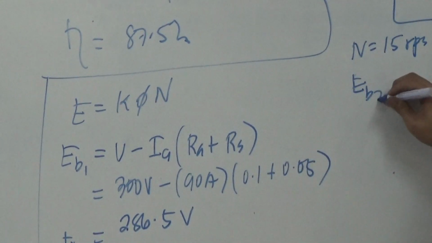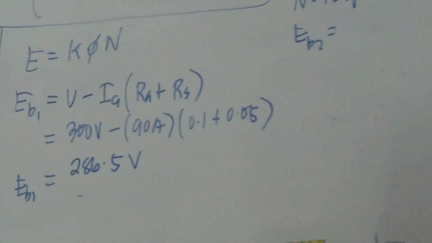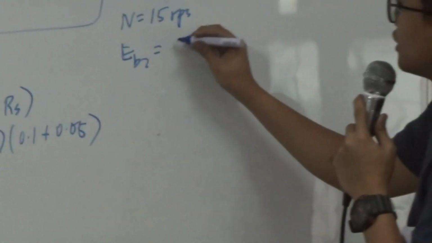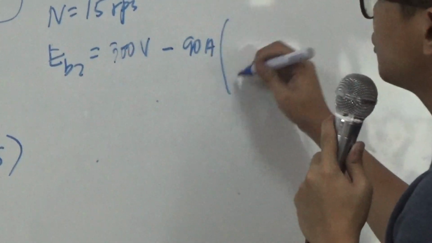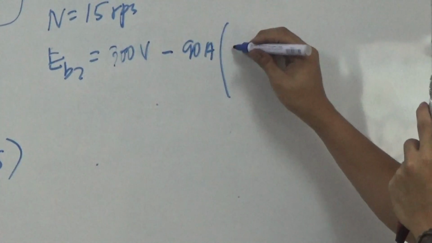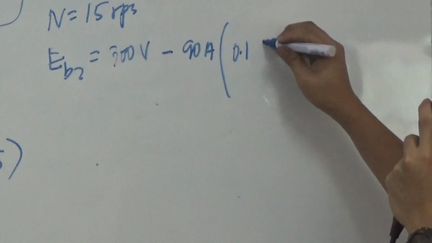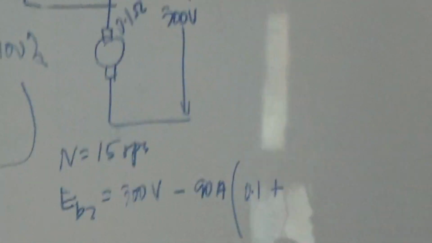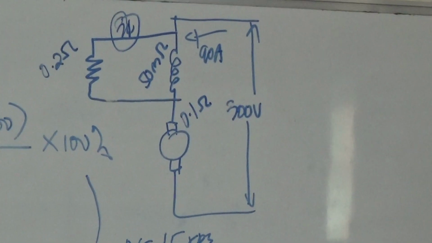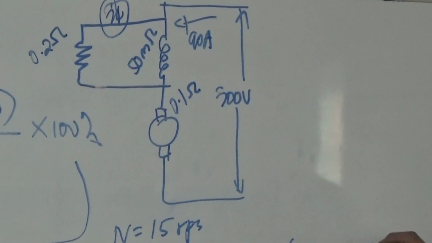EB2, so ilagay natin yung diverter. That is 300 volts minus 90 amps multiplied by the armature resistance of 0.1 plus the parallel equivalent of the series field winding and the diverter. So paano yun?